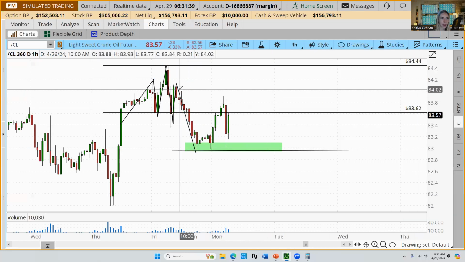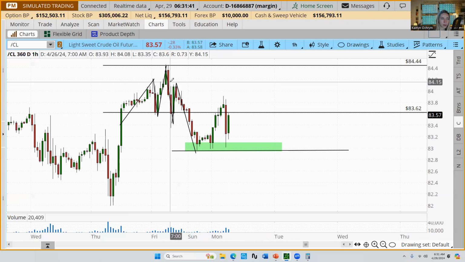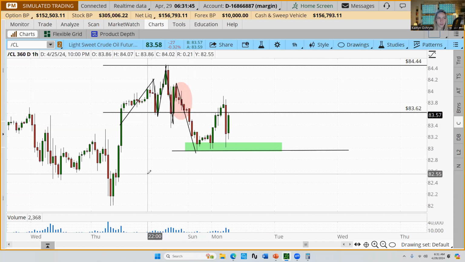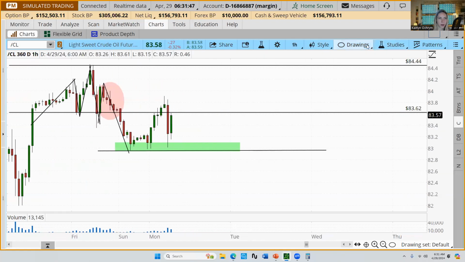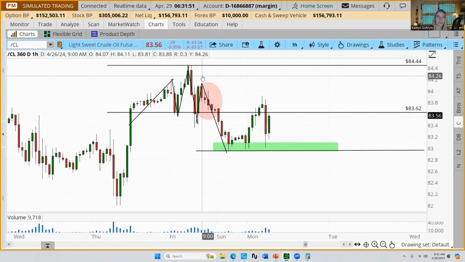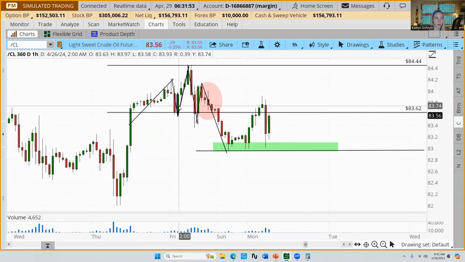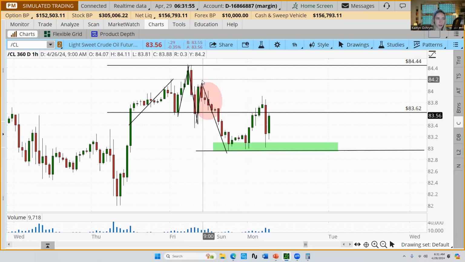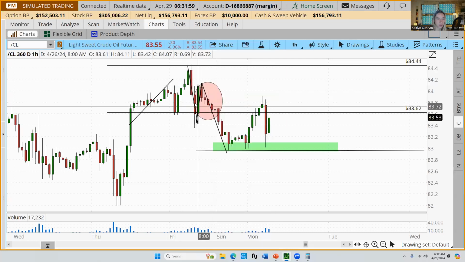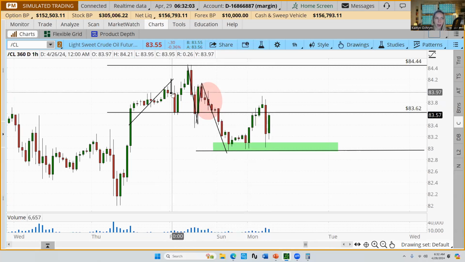What do we call that pivot point before that breakdown? Let me zoom in. What do we call the pivot point before a breakdown? I'm going to remove some of the lines. So what's in this pink circle? What do we call that?